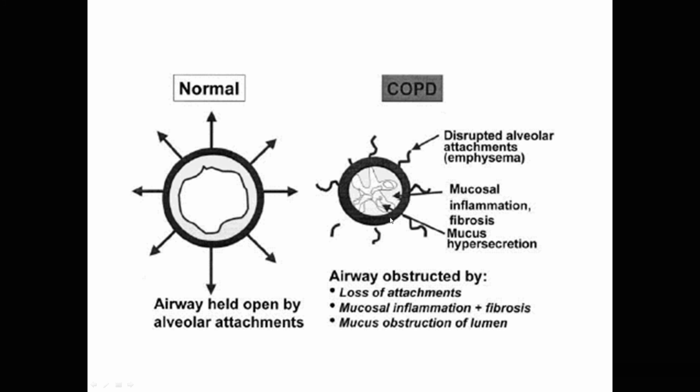Which airway is collapsing? Is this a bronchus? No. The bronchus is protected by the presence of cartilage rings. However, the bronchioles are devoid of cartilage rings, so they are fully susceptible to collapse. In addition, inflammation will contribute to the mucus obstruction of the lumen.